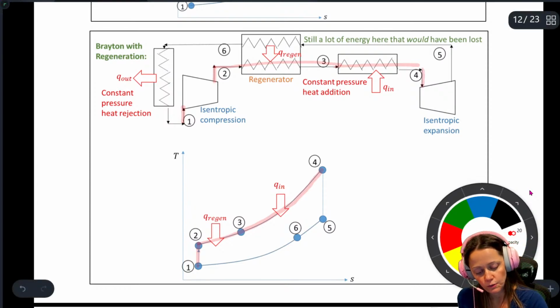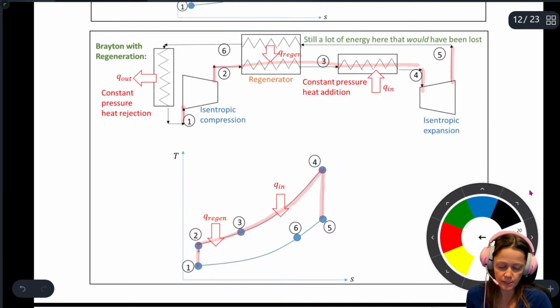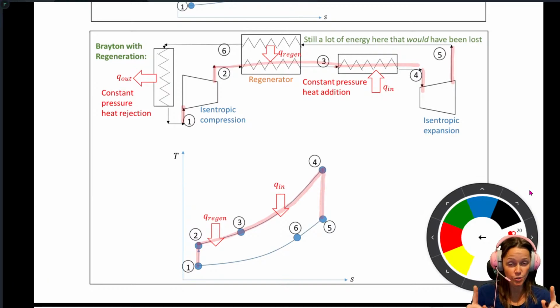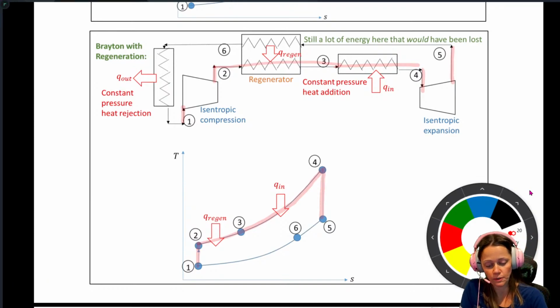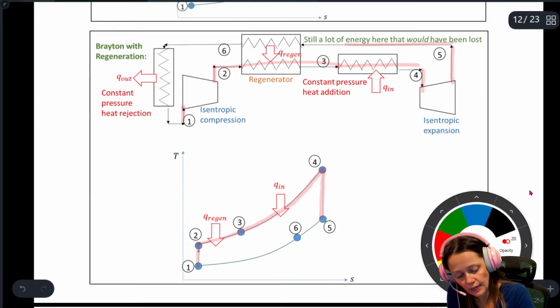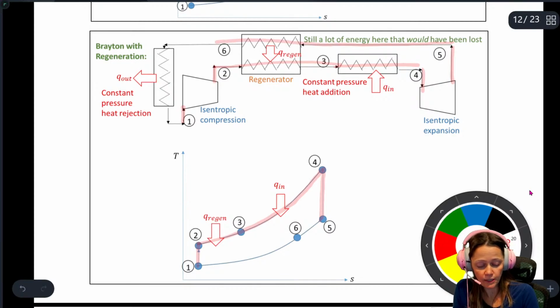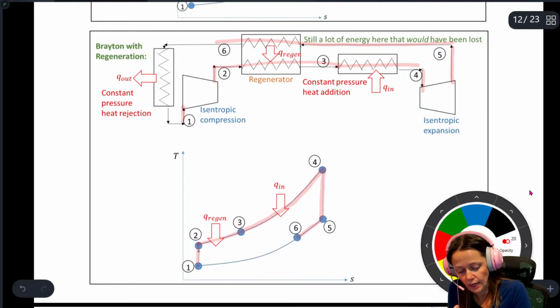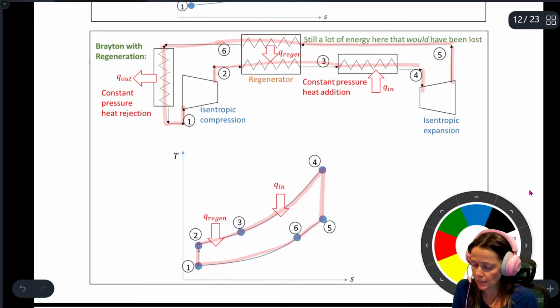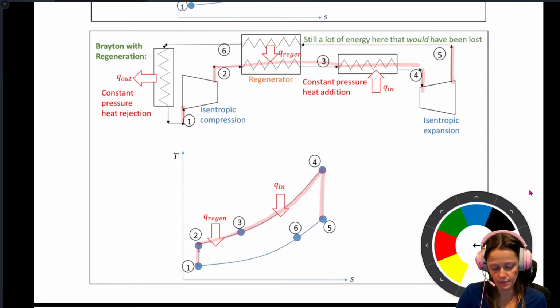Then from 4 to 5, you have that isentropic expansion process. So your temperature goes down, but it's isentropic, so the entropy doesn't change. And then from 5 to 6, you've got a constant pressure process. It still takes place along a line of constant pressure. But the temperature's going down because that's where you're extracting some of that thermal energy. And then, of course, from 6 all the way back to 1, that's another heat rejection process. Temperature goes down again, but once again, it's still along that line of constant pressure.